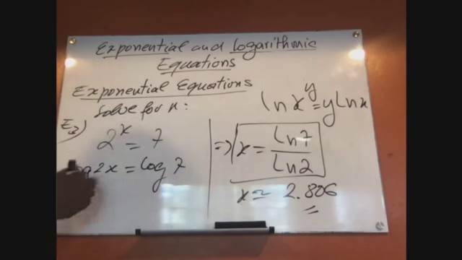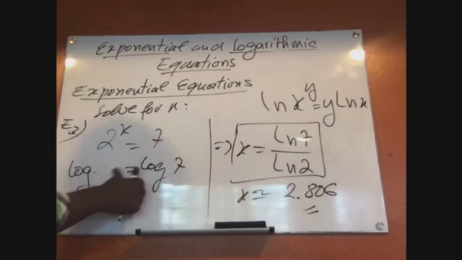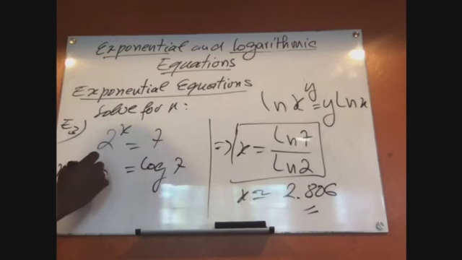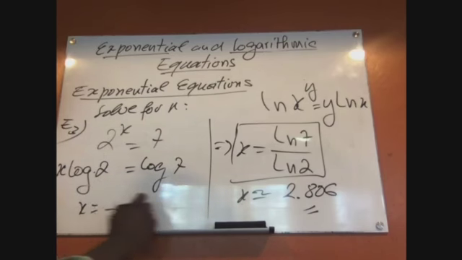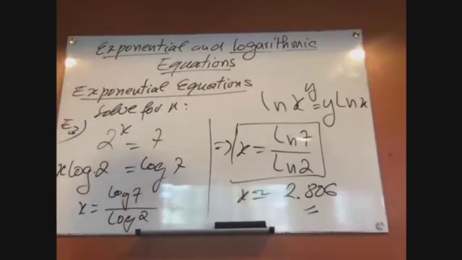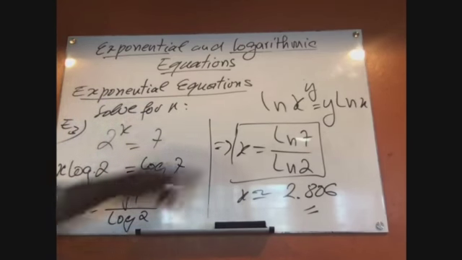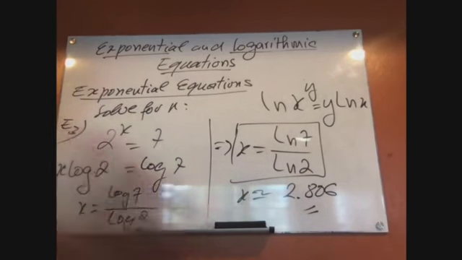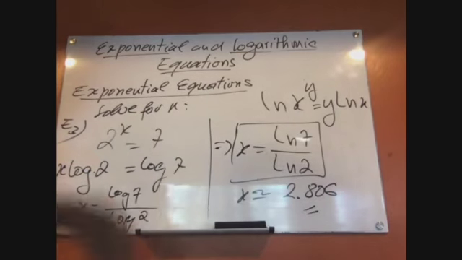So automatically, x is exactly equal to log 7 over log of 2. The base is automatically 10 here. So either you have this or you have that. You still have the same answer. Those two answers will give you the same thing when you punch in your machine.